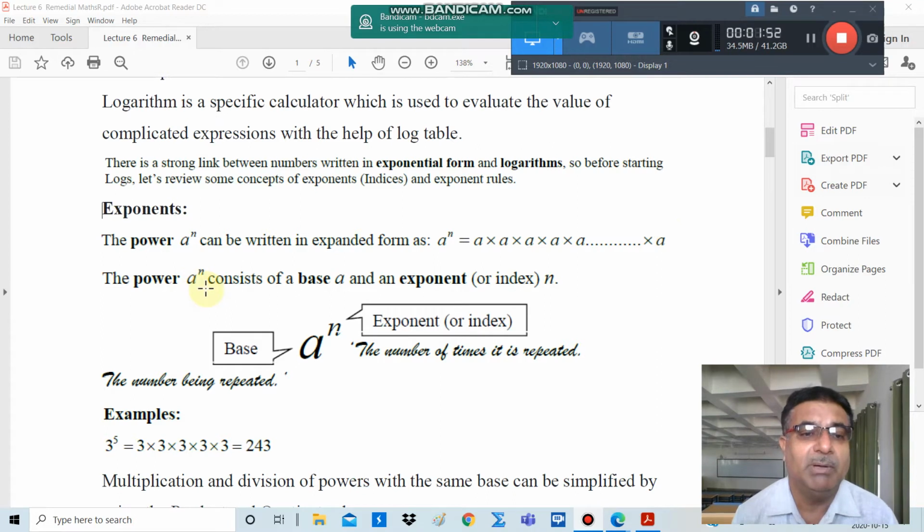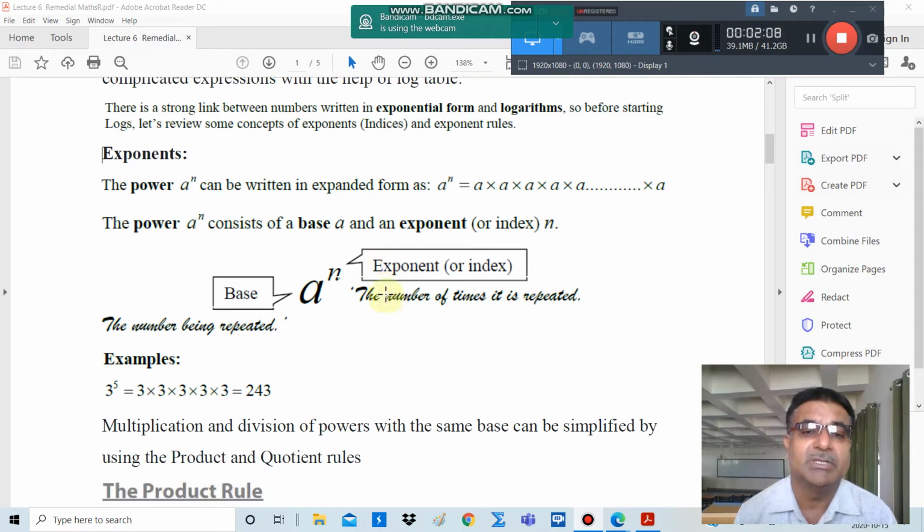The power a^n consists of a base a. This is the base a and an exponent, the power of the base. This is n. This is the exponent n.